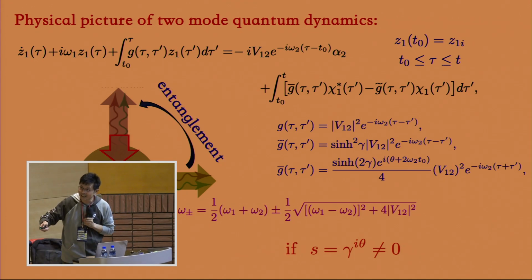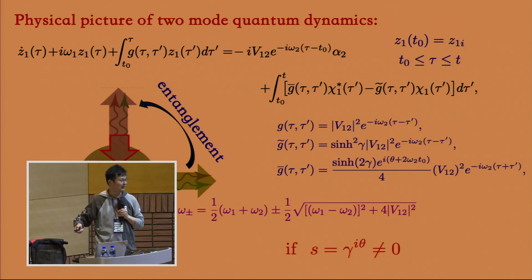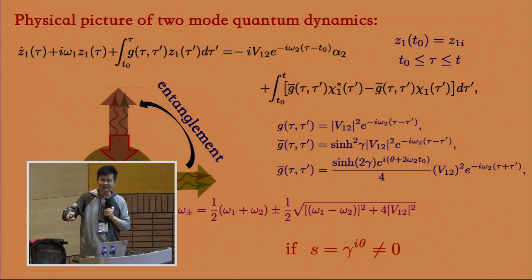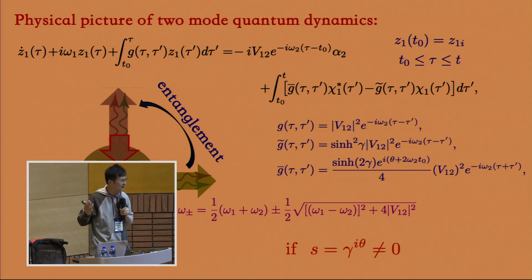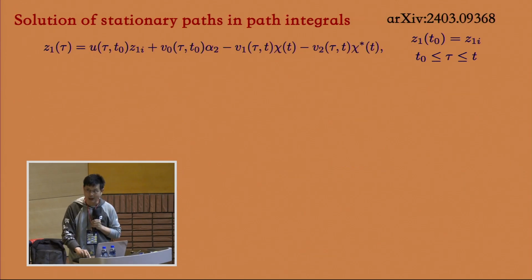So it is the squeezing parameter that eventually induces the backward propagators, and then generates entanglement. So we see how the entanglement appeared. Actually, at this point, we don't see the entanglement, right? So let's solve the problem, okay?